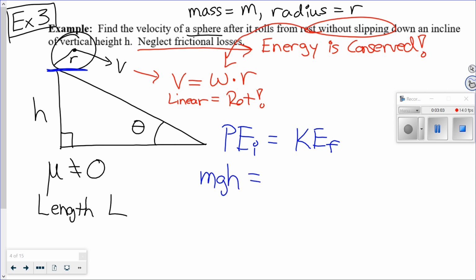But I can't move the ball without rotating it, because it's rolling without slipping, so I have to have both the linear and the rotational kinetic energy, because I have to roll. Ooh. At first, that looks kind of terrible. I've got v and w in the same equation. Luckily, I know a lot about the object itself that's rotating.